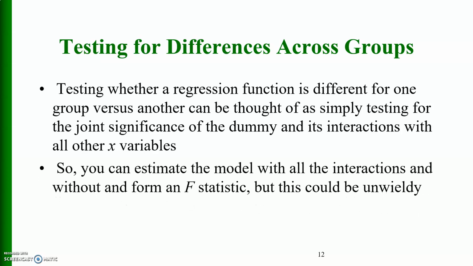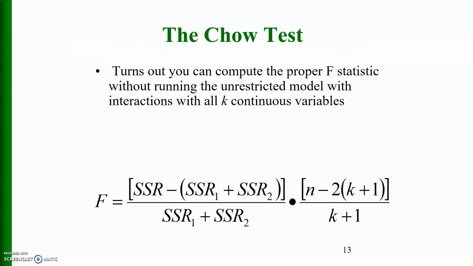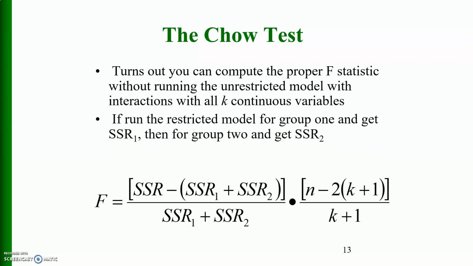So we can estimate the model with all interactions and without and form an F statistic, but this is called the Chow test. And the Chow test turns out you can compute the proper F statistic without running the unrestricted model with interactions with all k continuous variables.